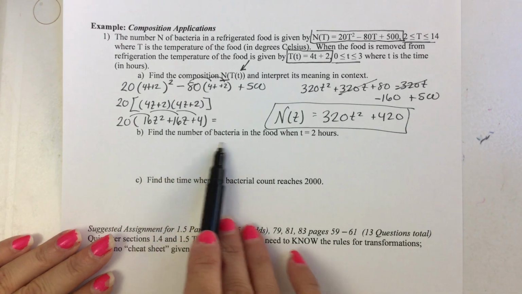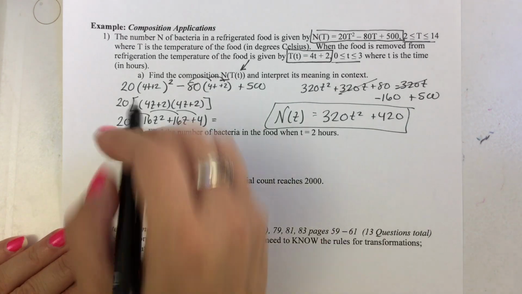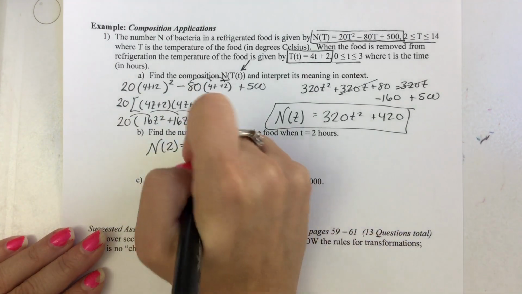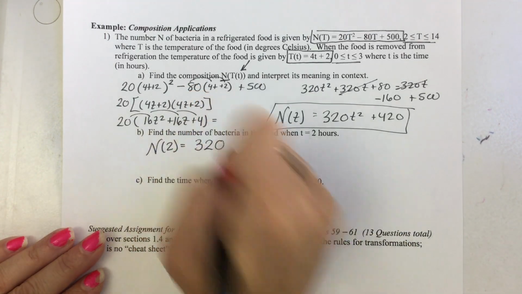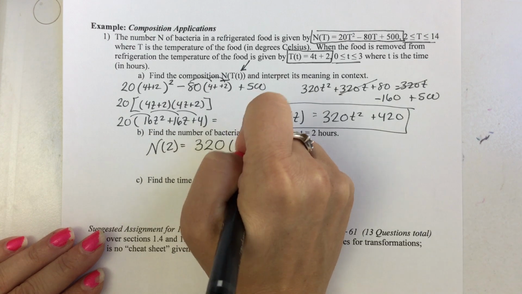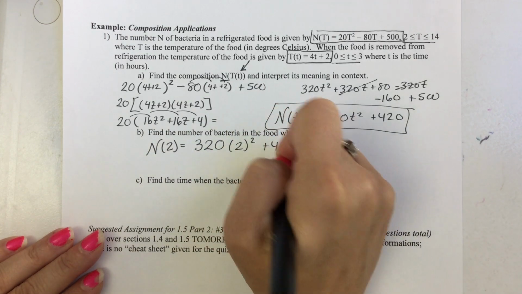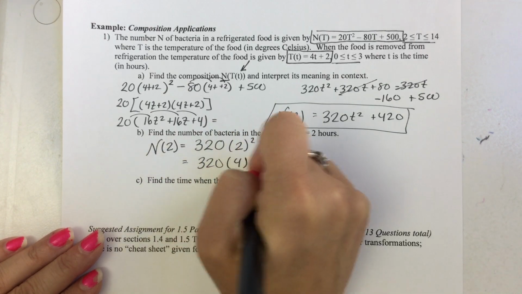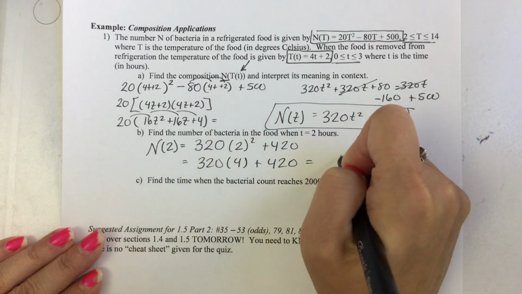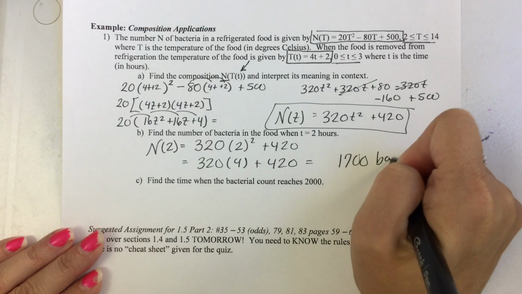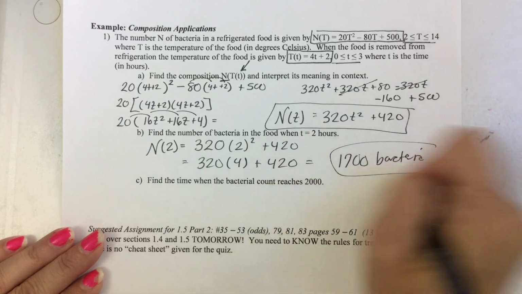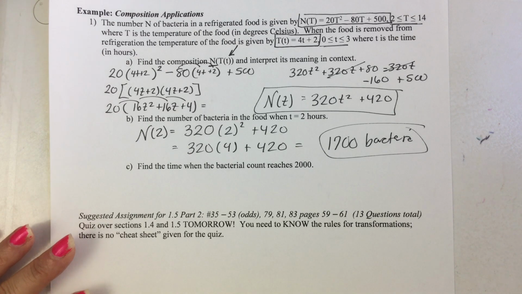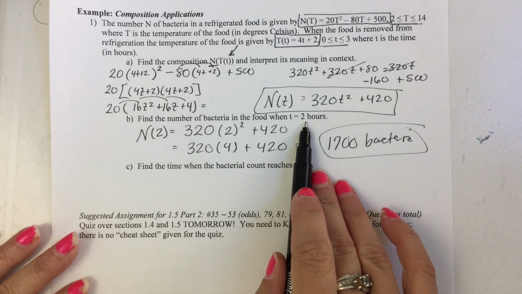If you want to find the number of bacteria, t represents the number of hours, so if it's 2 hours, 320 times 2 squared plus 420. So 320 times 4 plus 420, you would get 1,700 bacteria. That would be the bacteria count of food that was in the fridge, taken out, and sitting on the counter for 2 hours.